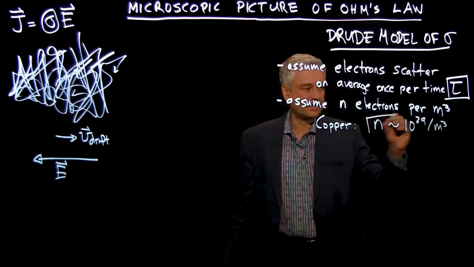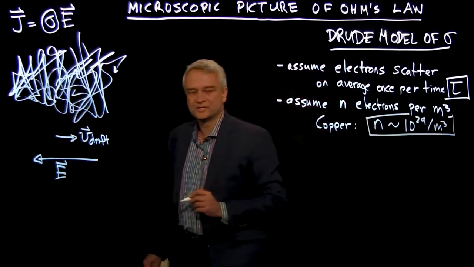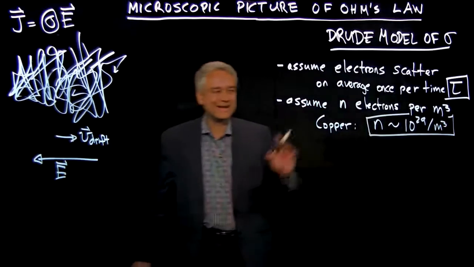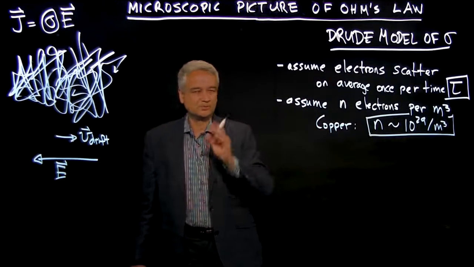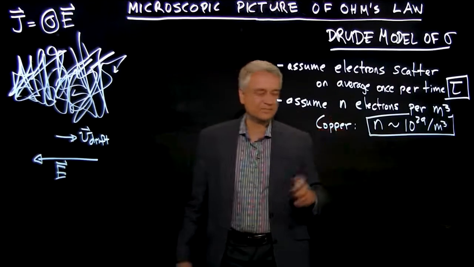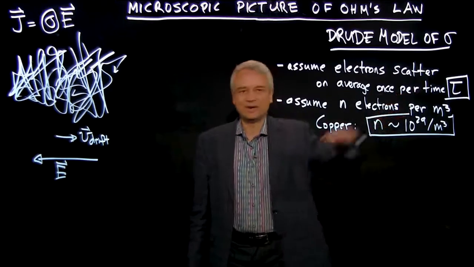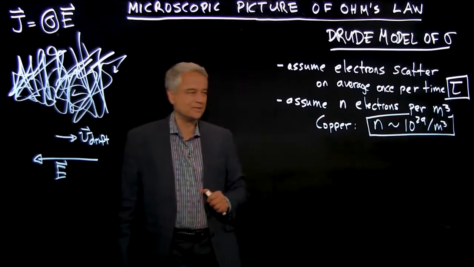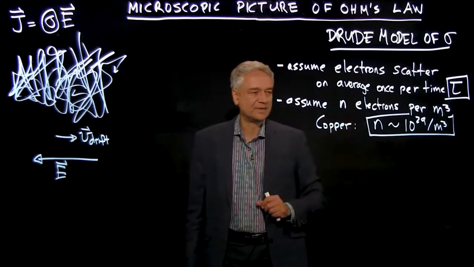And this is the second material property that's going to come into the derivation. So again, n will be different for copper, for aluminum, for silver, for gold, for platinum, for tungsten. Actually not that different, but it will be different. Tau varies quite a lot, in fact, from one metal to another. N does vary, but not by enormous amounts.